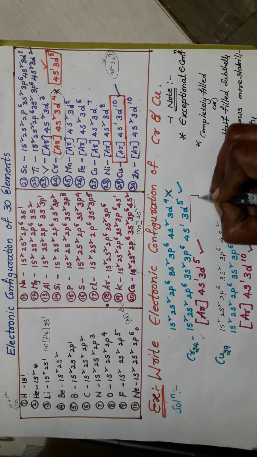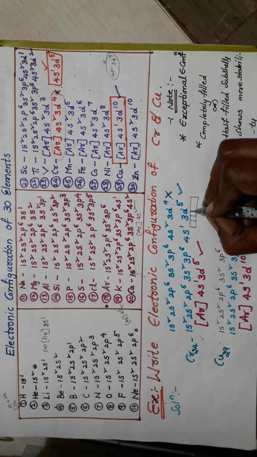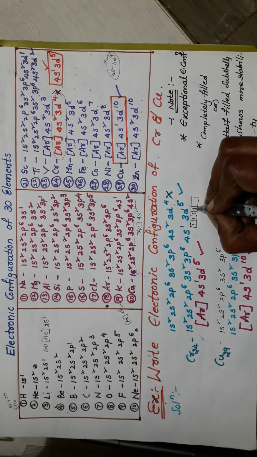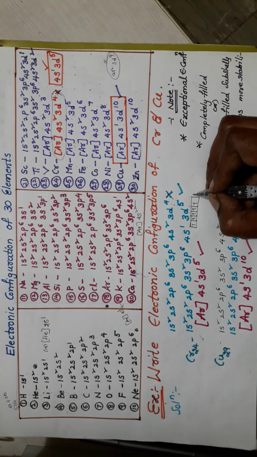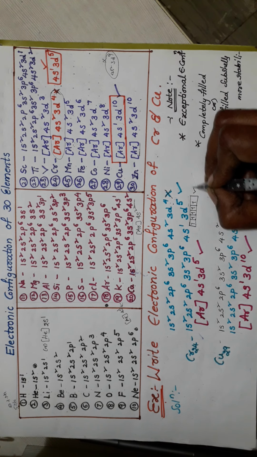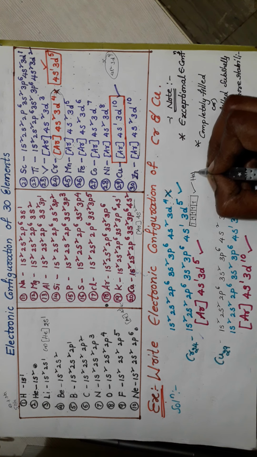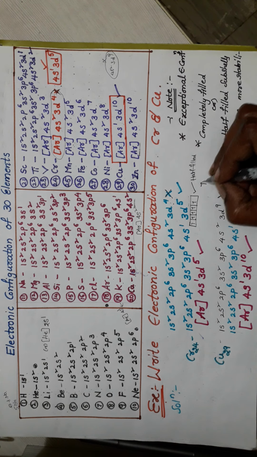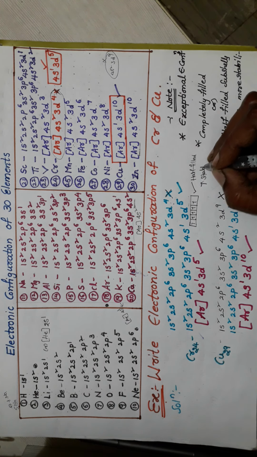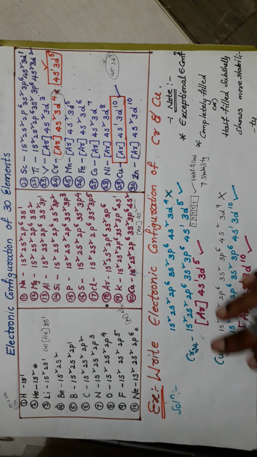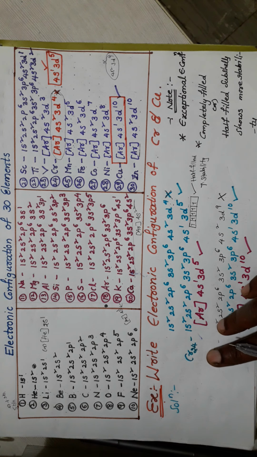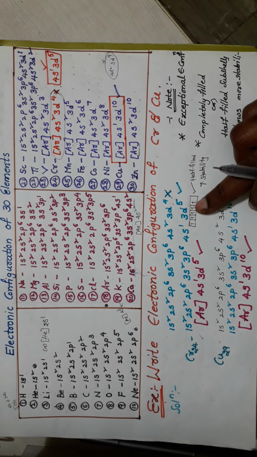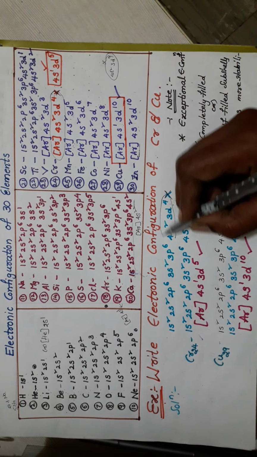The d orbital has 5 subshells, so in each subshell one electron is filled, and the d orbital gets a half-filled condition. Half-filled orbitals show high stability. Due to that reason chromium always gets the 4s1 3d5 electronic configuration.